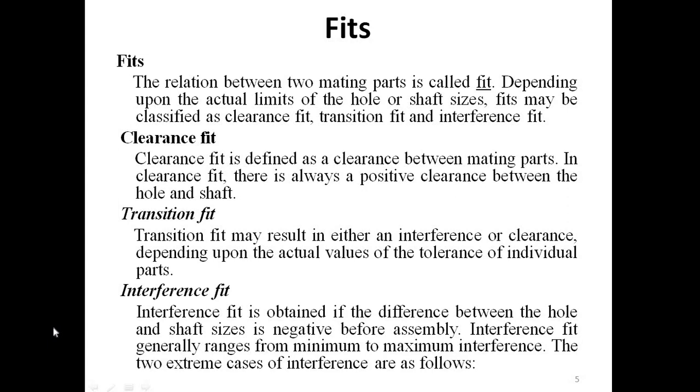This is called a negative clearance, and this is important for some assemblies like bearing and shaft assembly. We use a bearing to support the shaft, and in this, interference fit is used because the shaft is fitted into the bearing by press fit, and it is called an interference fit because rotary motion is there.